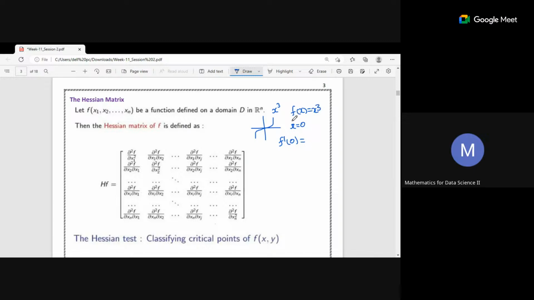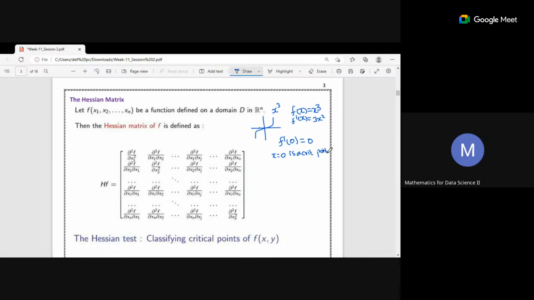What is the derivative? 3x square. So f dash of 0 is 0. That means at this point you have a critical point. At x is equal to 0 is a critical point.